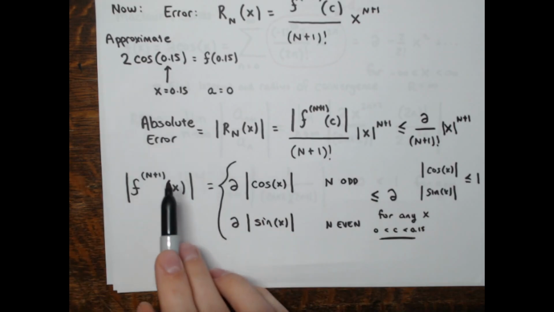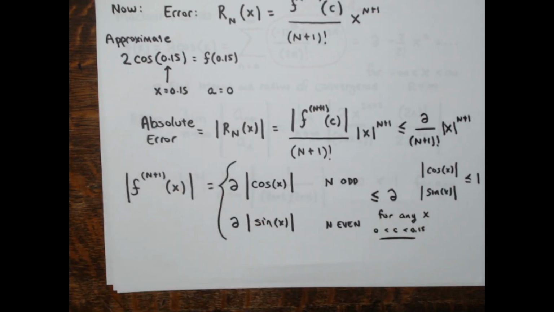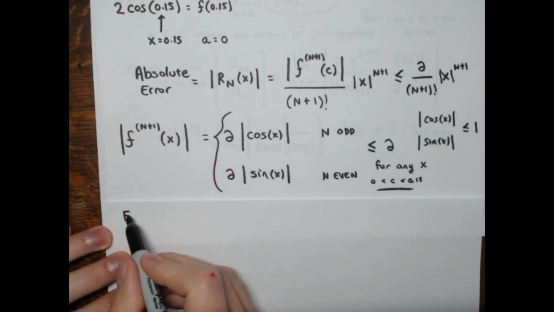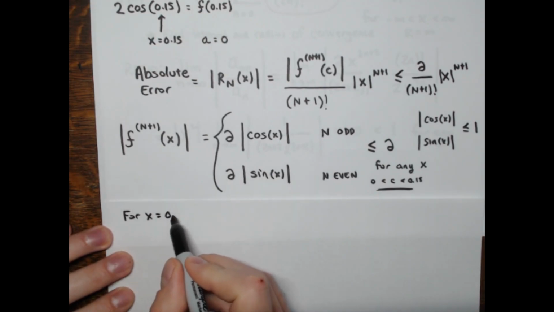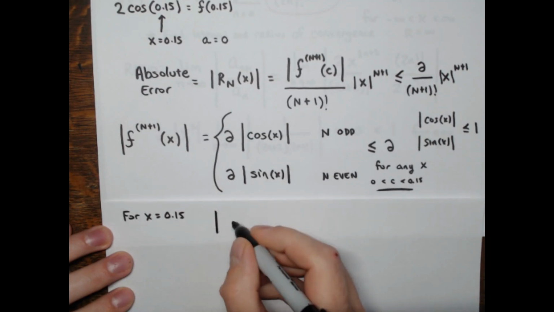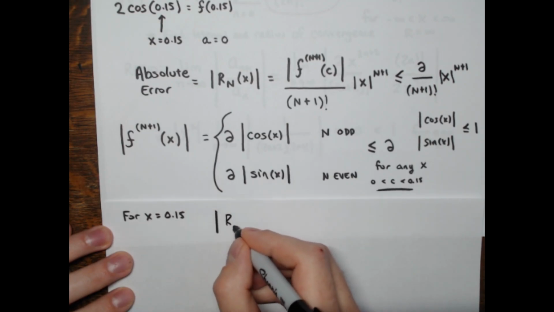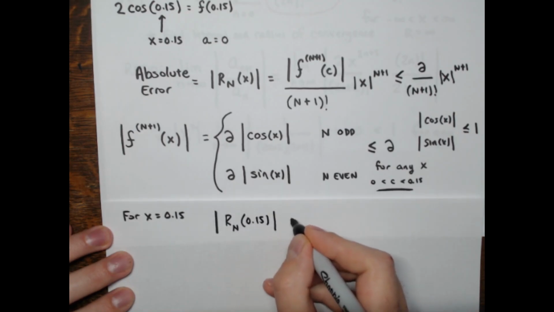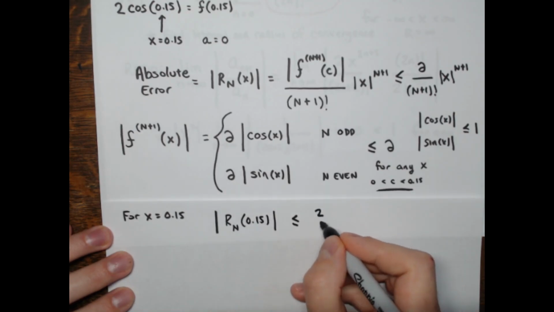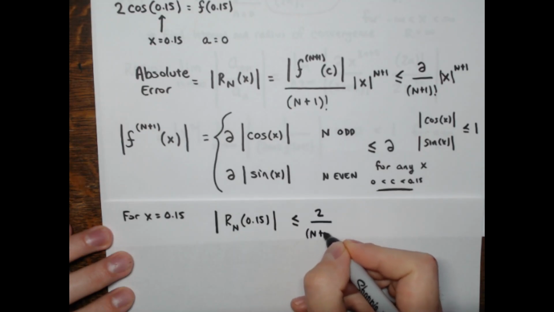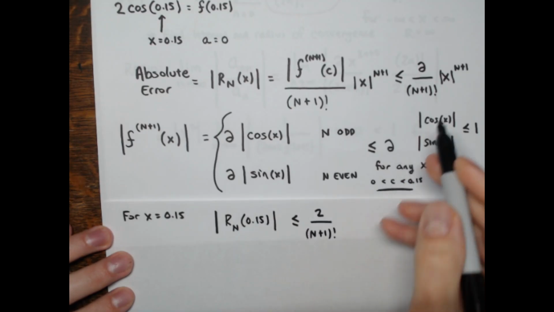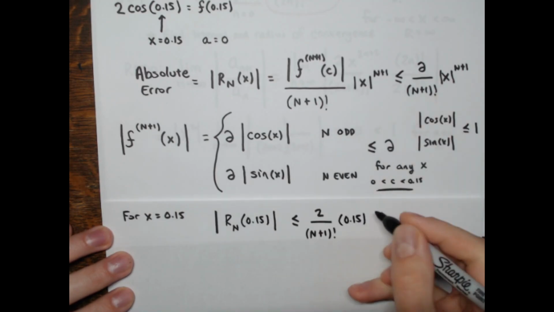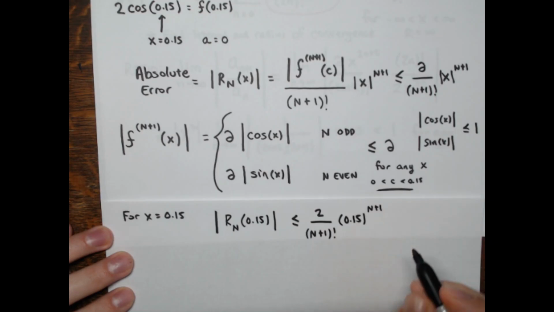All right, so now specifically for x equals 0.15, the absolute error of our estimate at 0.15 should be less than or equal to 2 over n plus 1 factorial times, and then the absolute value of 0.15 is 0.15, so times 0.15 to the n plus 1 power.